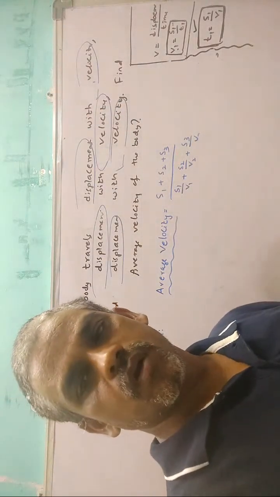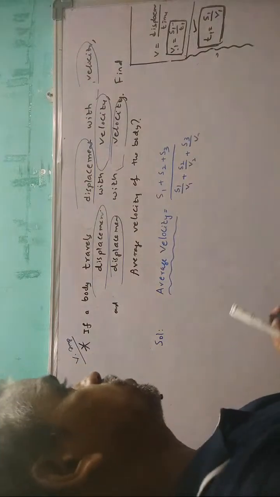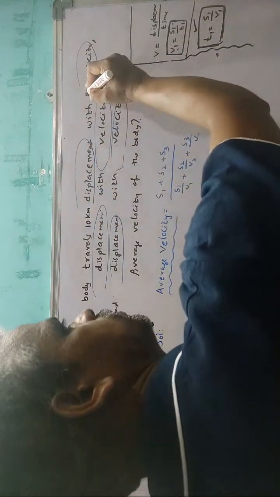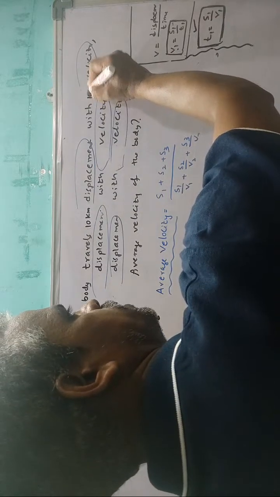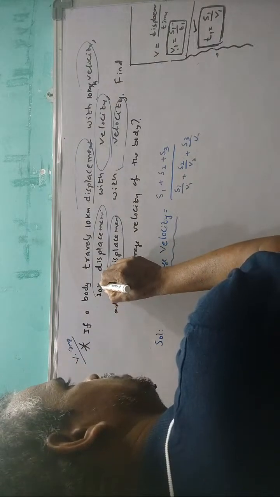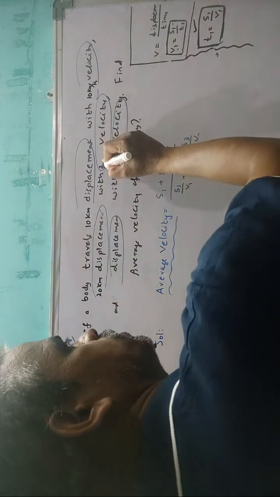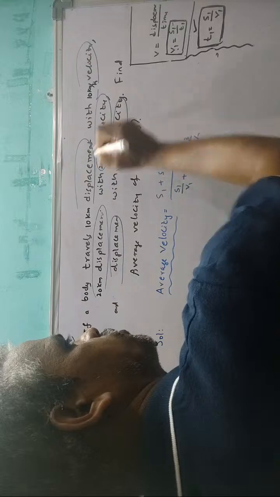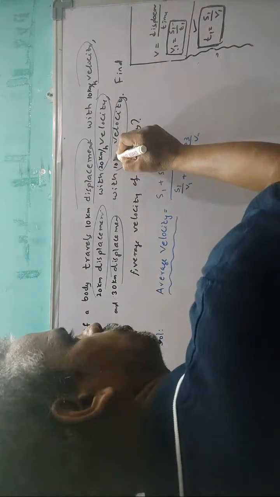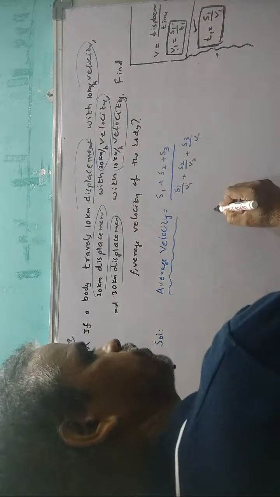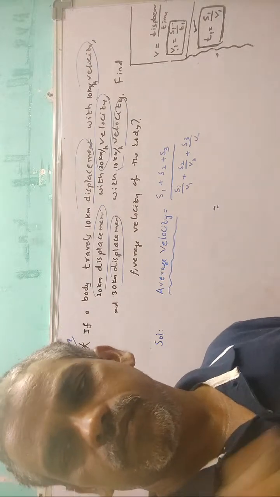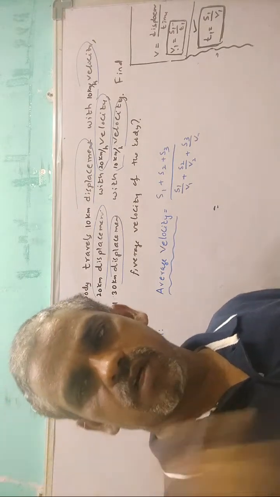Okay, now you just write fast. 10 kilometer with 10 kilometer per hour, 20 kilometer with 20 kilometer per hour, 30 kilometer with 10 kilometer per hour. Do it fast. First copy the question.